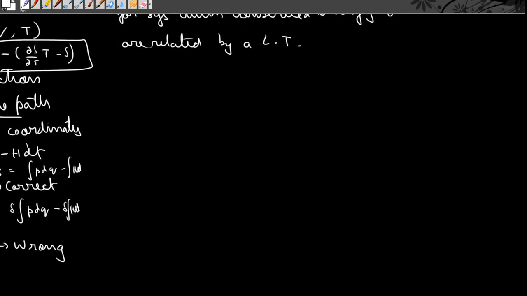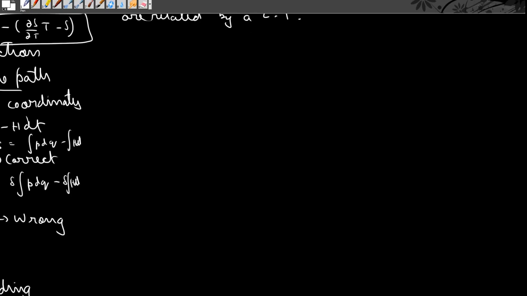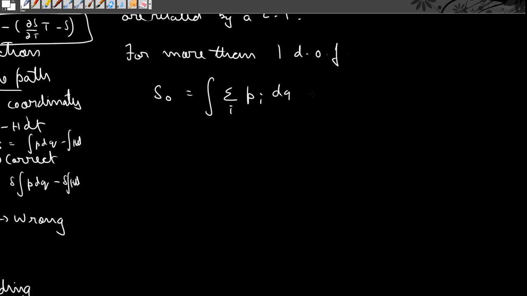Okay. Now, before we end, let us just see how the Maupertuis principle looks for cases with more than 1 degree of freedom. So, for more than 1 degree of freedom, if we use our generalized coordinates, S0 is defined as integral of summation over i of p_i dq_i.